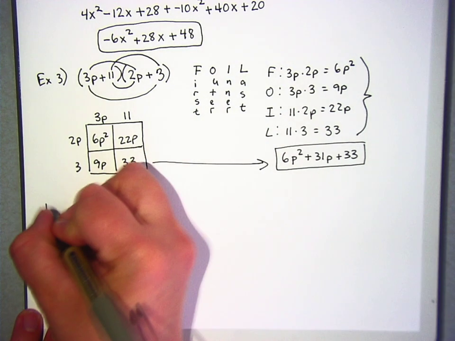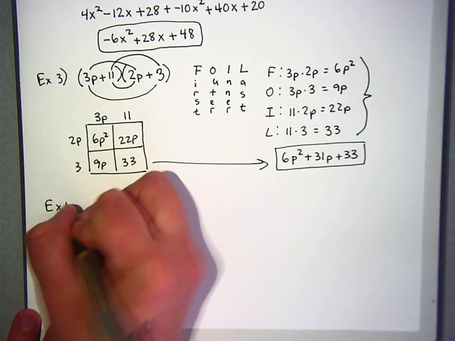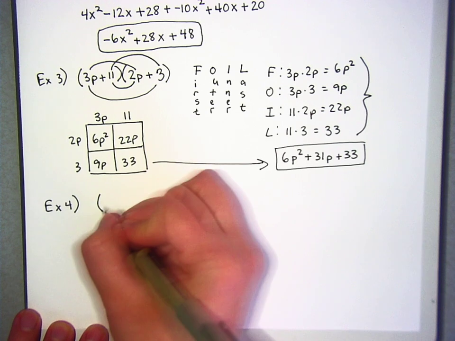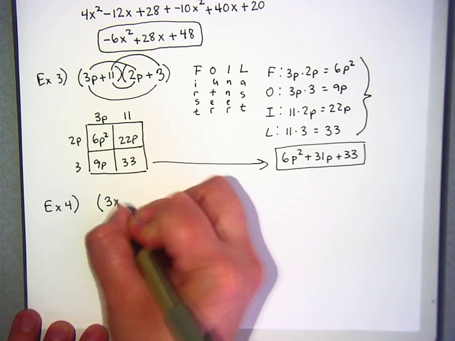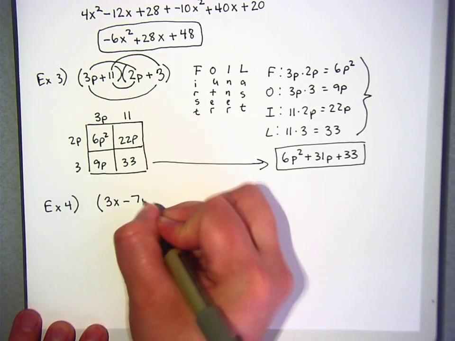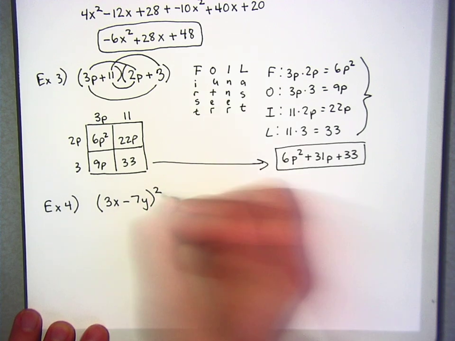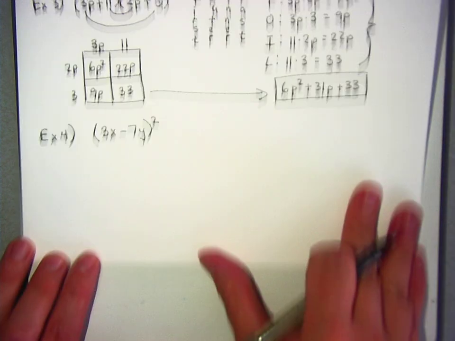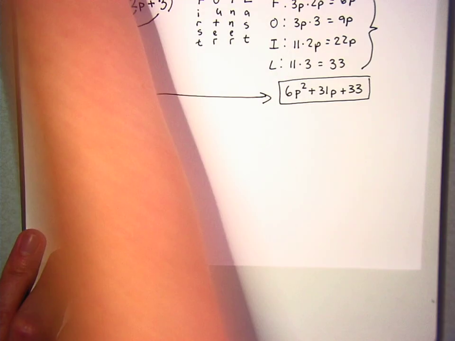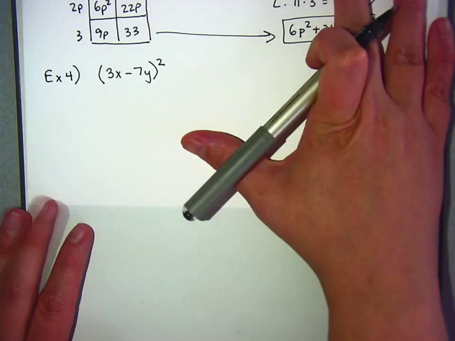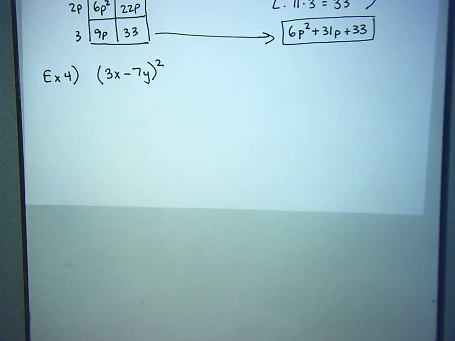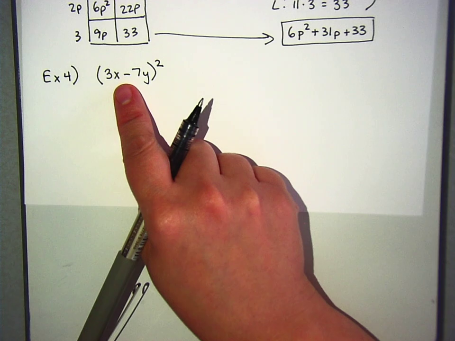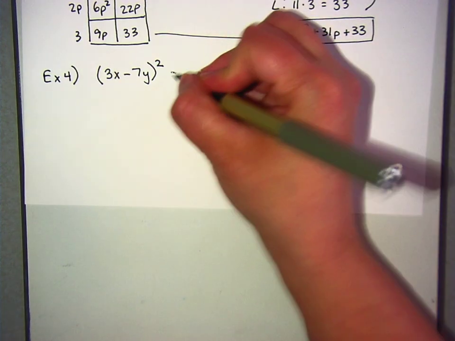Let's talk about the biggest mistake that everybody makes. (3x - 7y) squared. What is this the same thing as? Same thing as example 3.